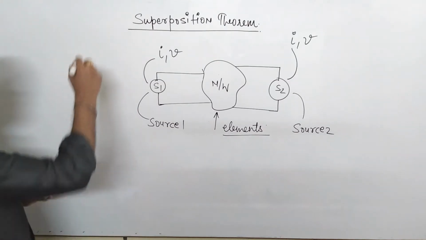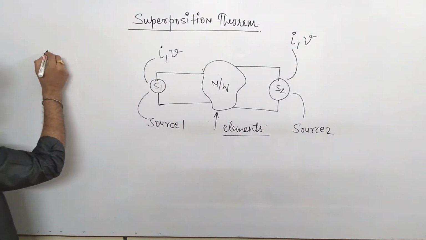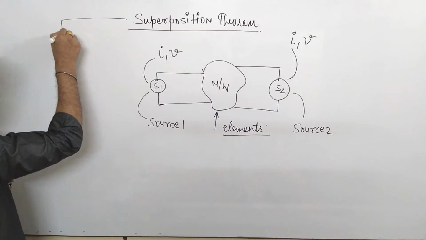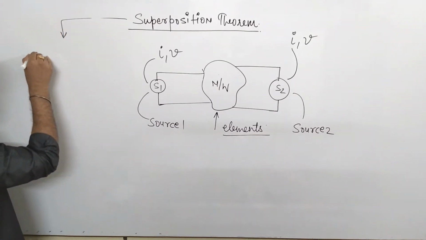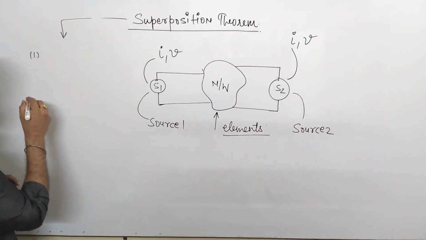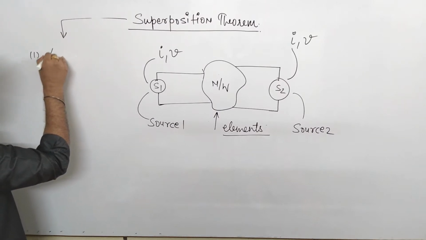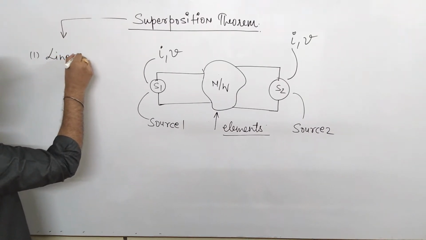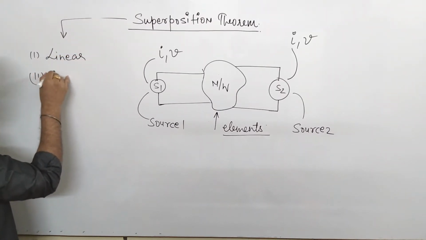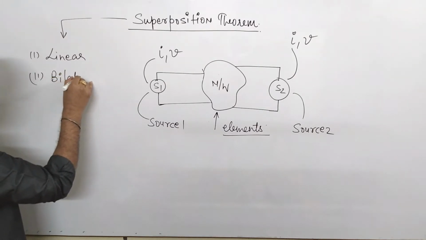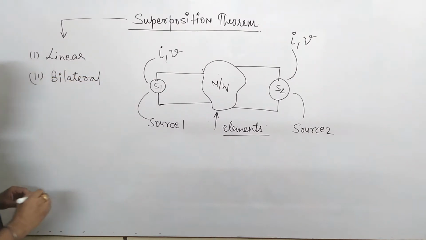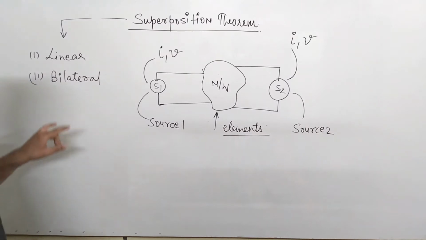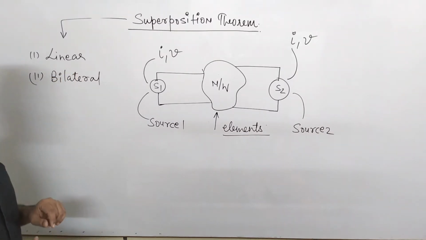As I said, there are a few important points. First, just now I read it: linear, then I said bilateral. So superposition theorem is only applicable for linear and bilateral networks.